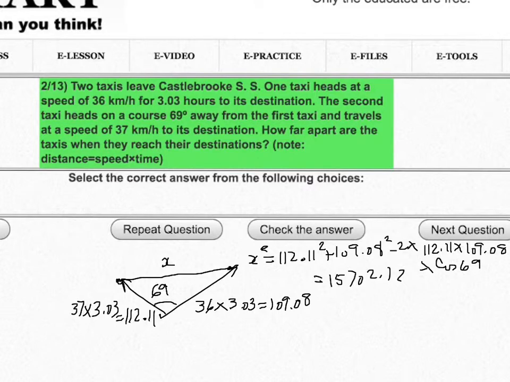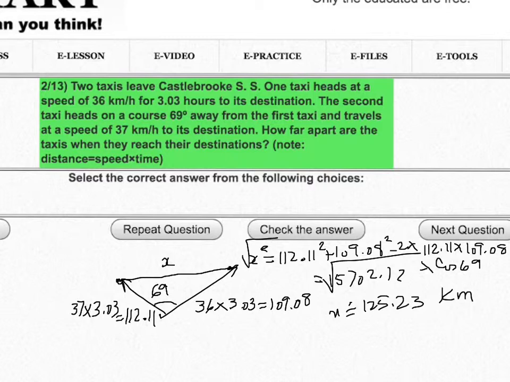Okay, now to find x, I'm going to take the square root of both sides, so I get x is approximately 125.23. So we found that after 3.03 hours, the distance between the taxis is about 125.23 kilometers.